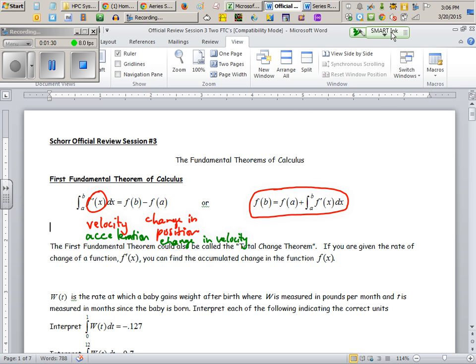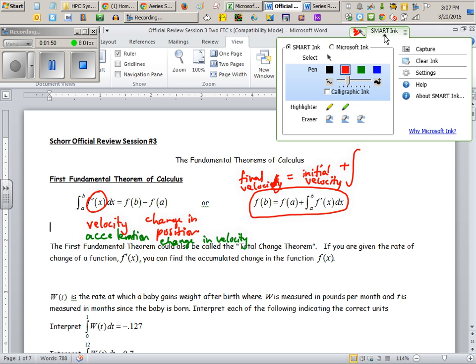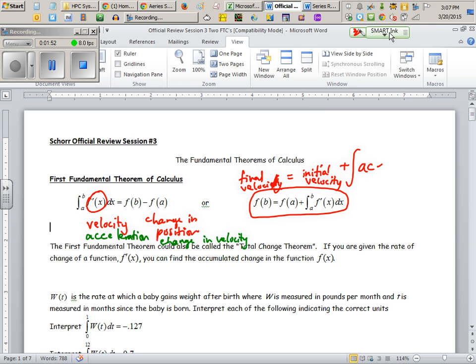Watch close. If we go with the red, it reads the final velocity equals initial velocity plus the integral of acceleration, like this, dt.